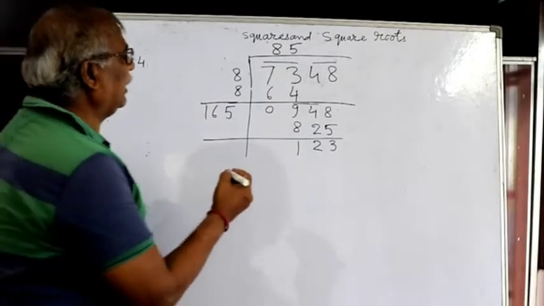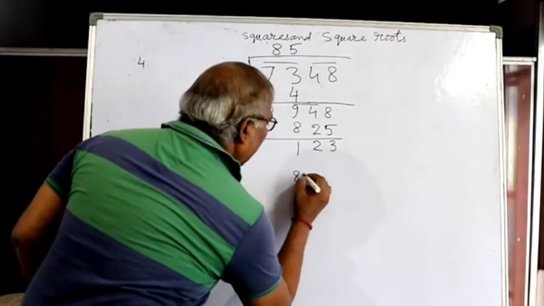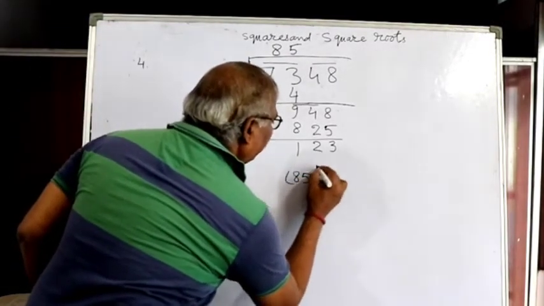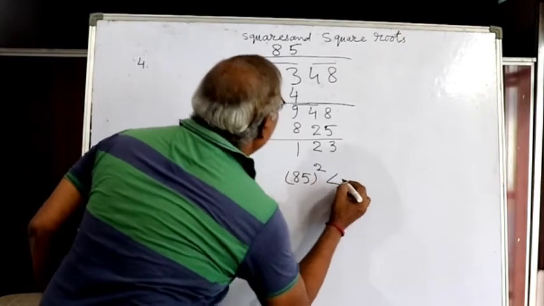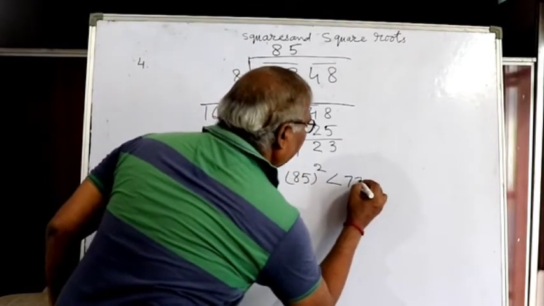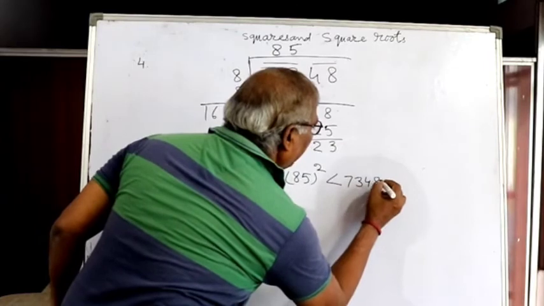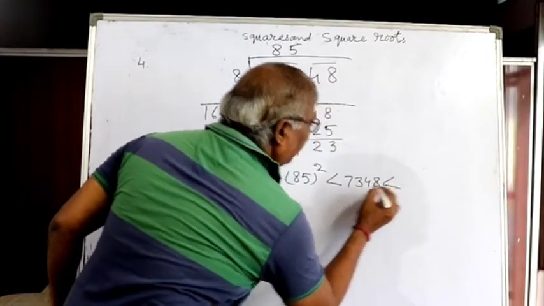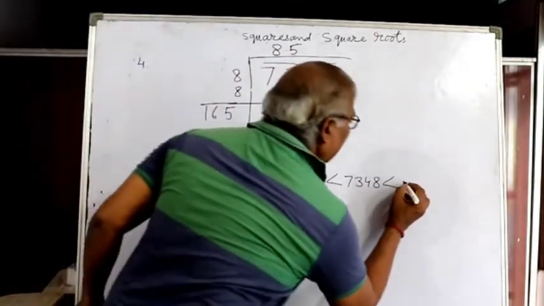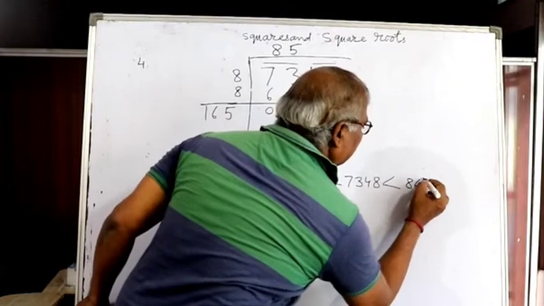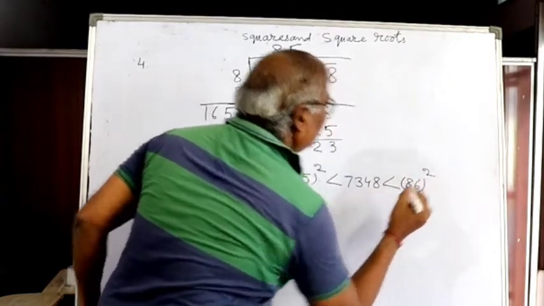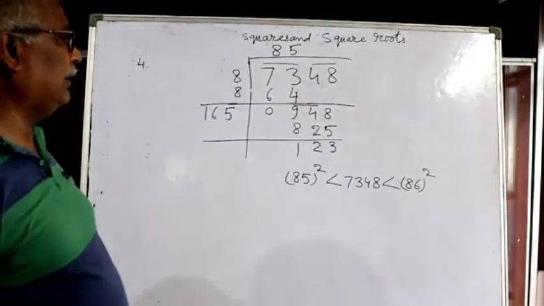We see here 85 square is less than 7348 and 7348 is less than 86 square.